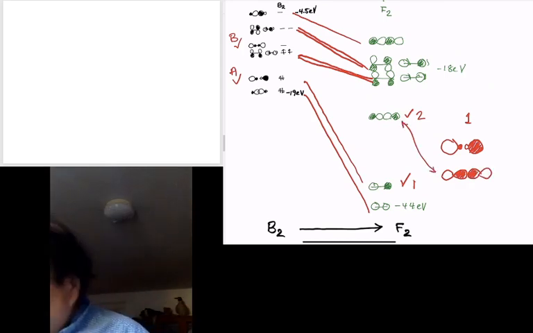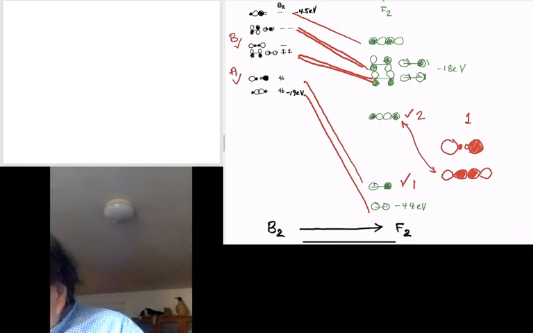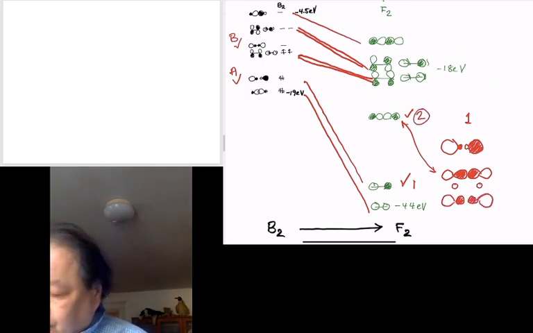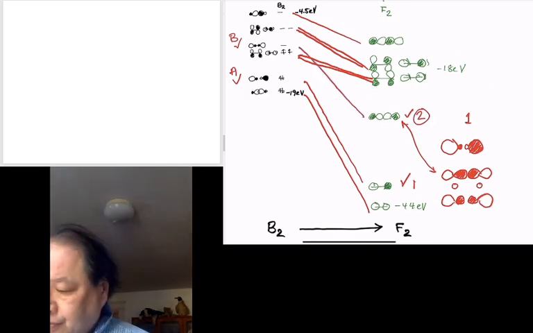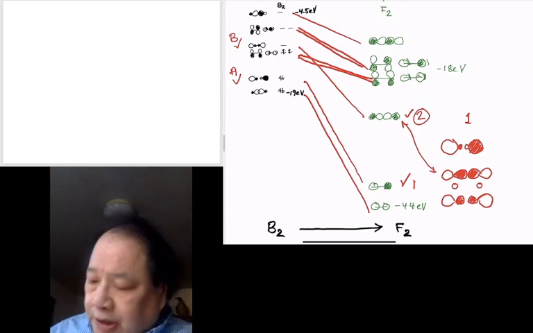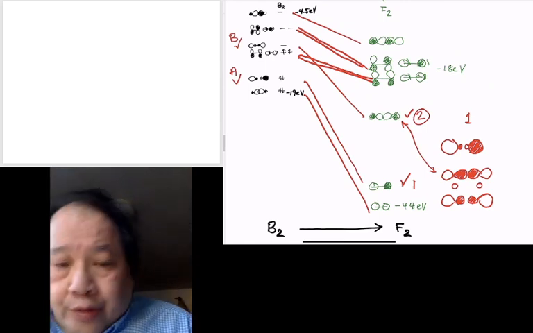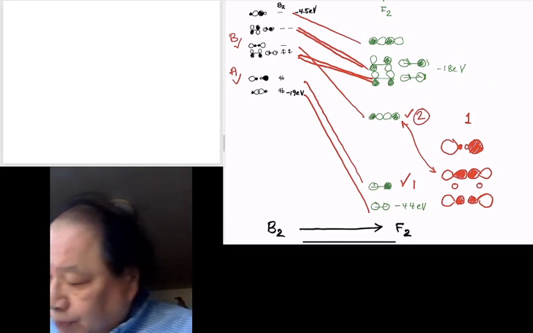You can change the phase of all orbitals. And now let's just add a little s orbital into it. It gets a little bigger on one side, a little smaller on the other. And you can see that 2, when you add a little s, becomes B, so B goes to 2. And so now we see that this is how the orbitals change from going from B2 to C2.